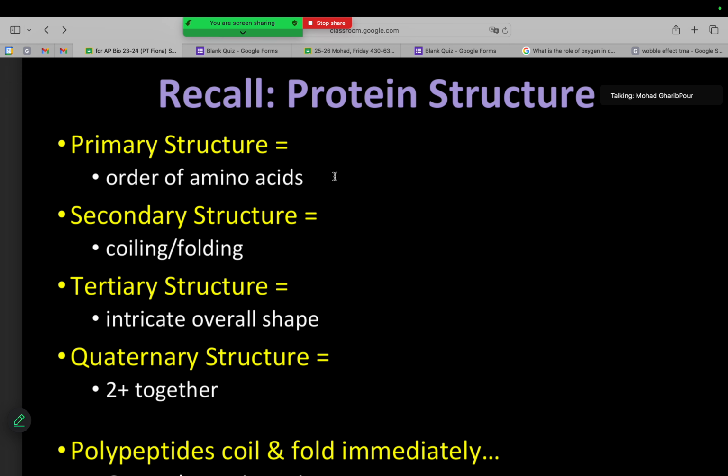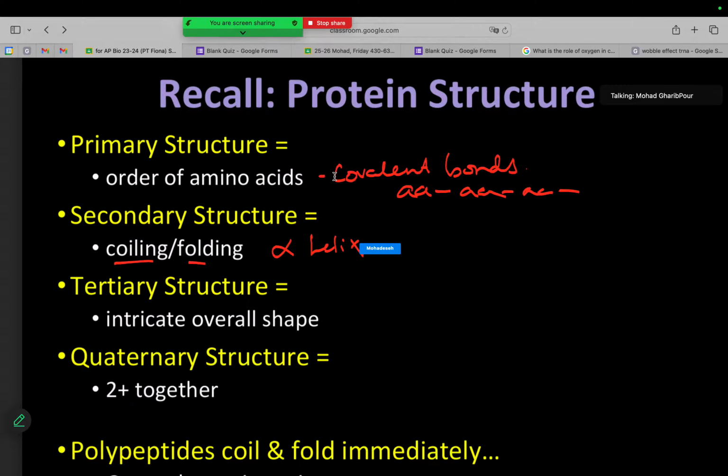So these are just the covalent bonds in the amino acid chain. So this sequence is just the primary structure. Secondary structure is the coiling or folding. This is the alpha helix or beta pleated sheets.